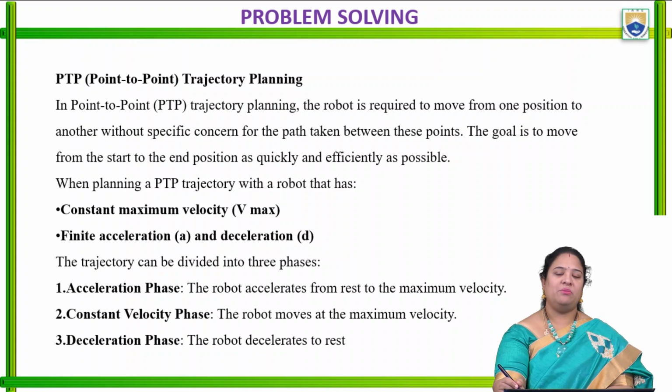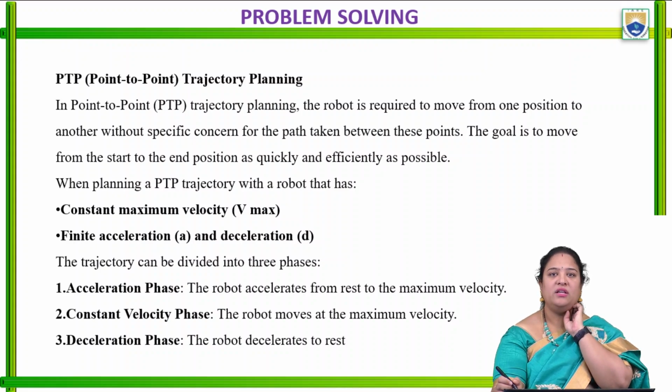So what do we mean by point-to-point trajectory planning? That is, we need to have proper planning within the robot where the point-to-point axis is given to the robot. That is, the robot is required to move from one position to another without specific concern for the path taken between these points.